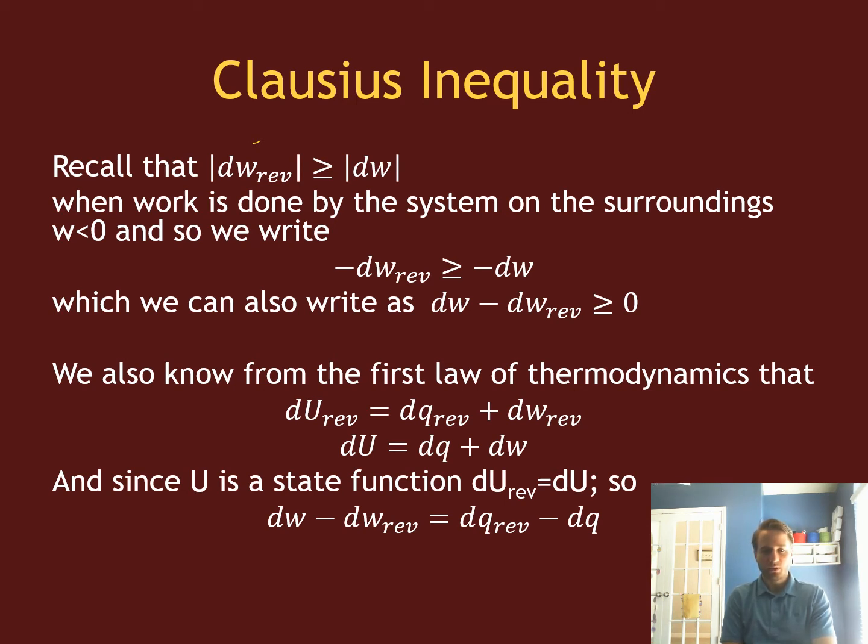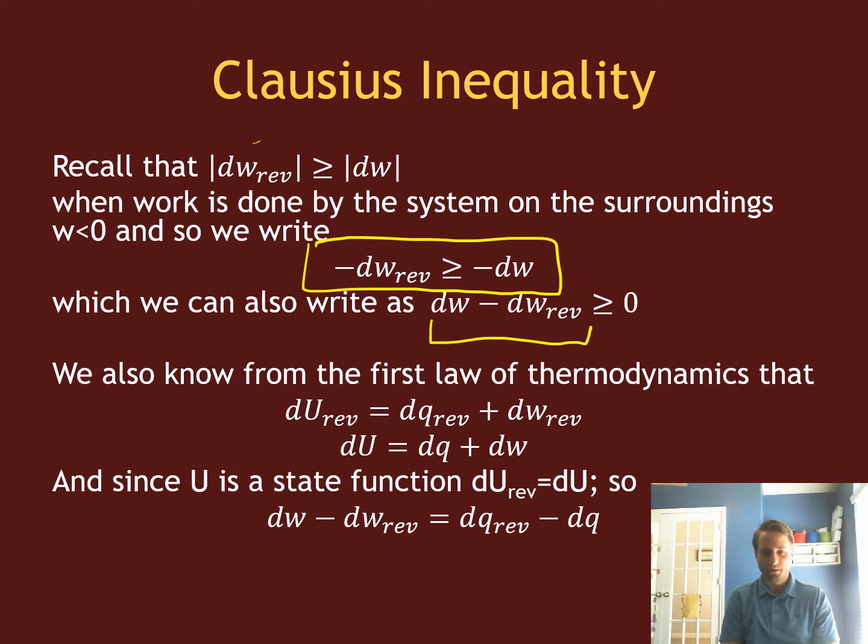Throwing in the fact that the work done in these things is negative, because it's done by the system, I have this relationship here. I'm going to add over dW, so dW minus dW reversible is always greater than or equal to 0.